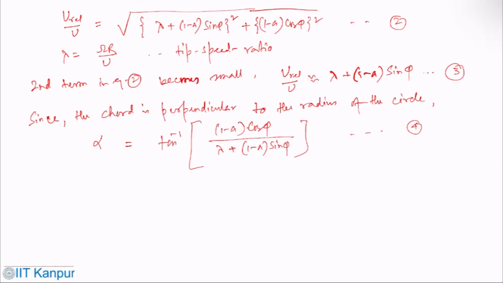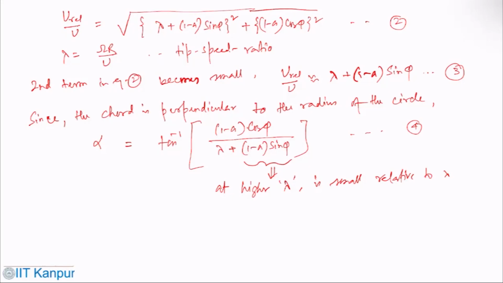So at higher tip speed ratios, the second term in the denominator is small relative to lambda.